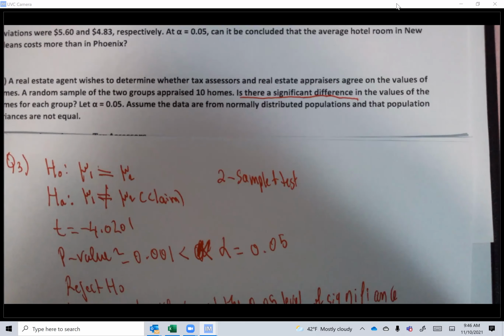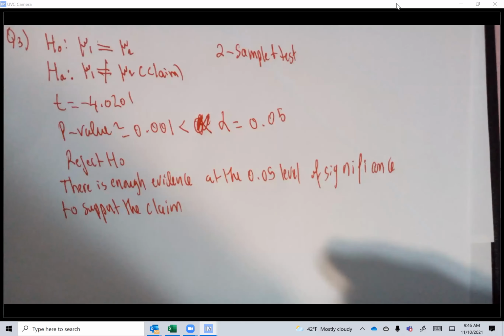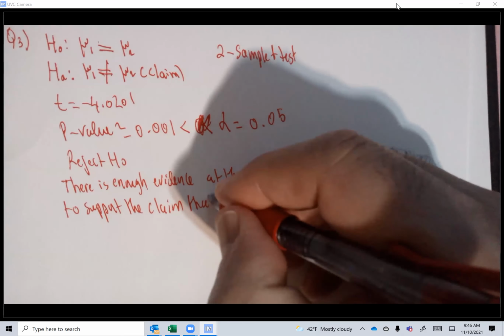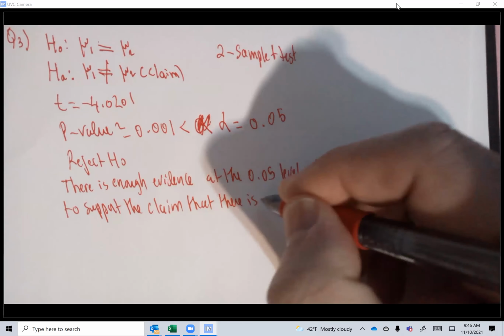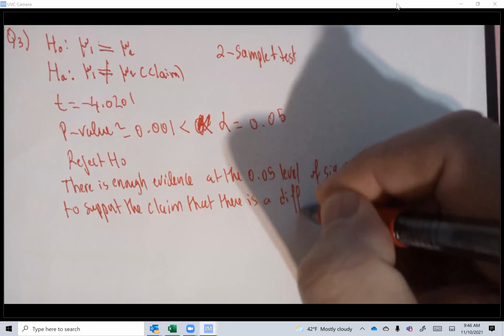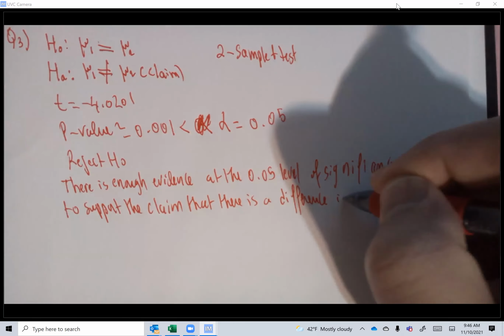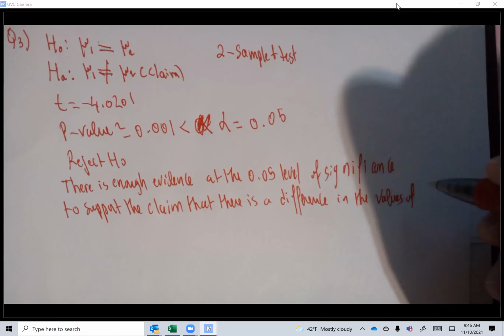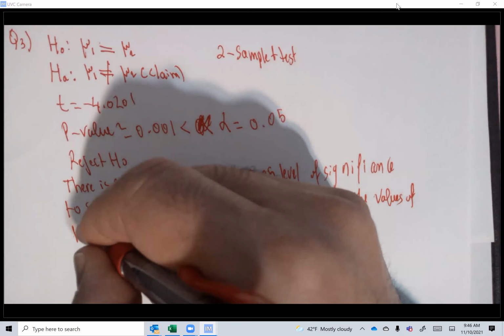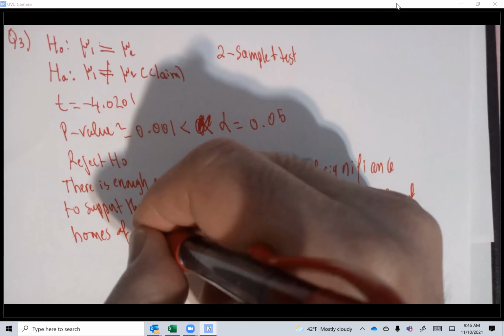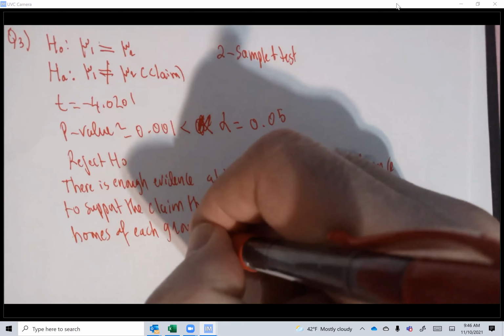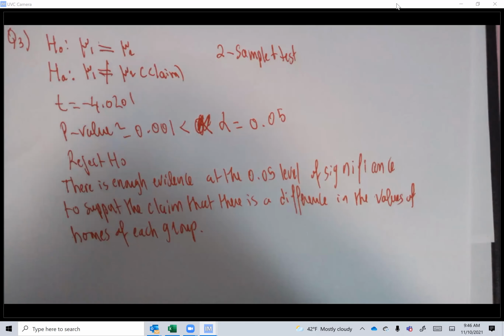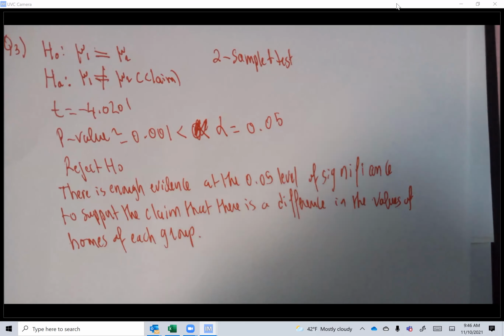There is a difference in the values of homes of each group. All right. So that's question 3, two sample t-test.